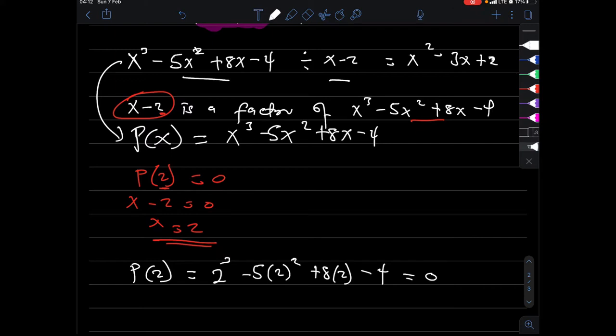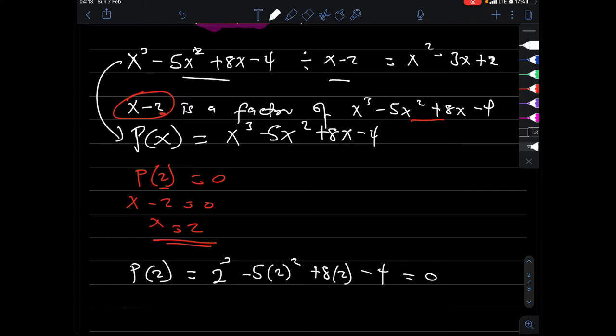Sometimes you'll be asked to show that something is a factor by long division, which means when you divide, there shouldn't be any remainder. Or you can be asked to use the factor theorem to verify that a particular polynomial is a factor of another polynomial. You understand? Okay, so now let's solve some examples.